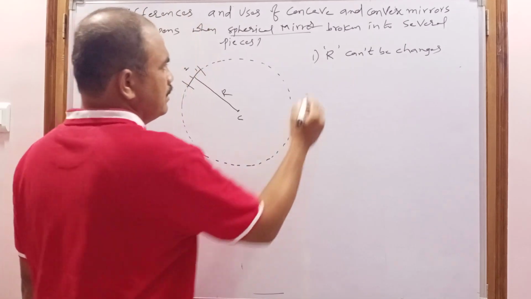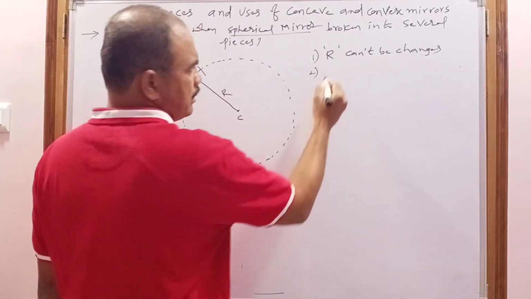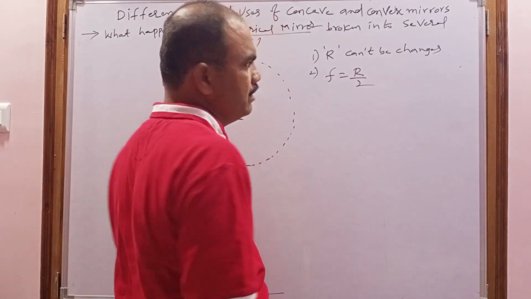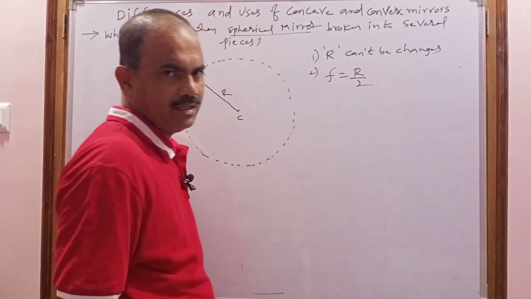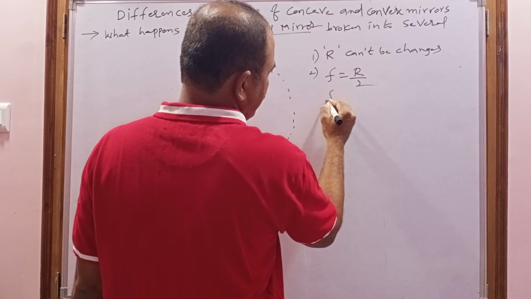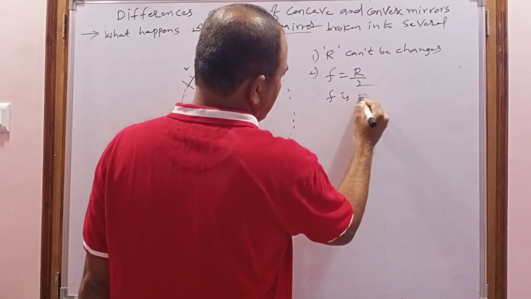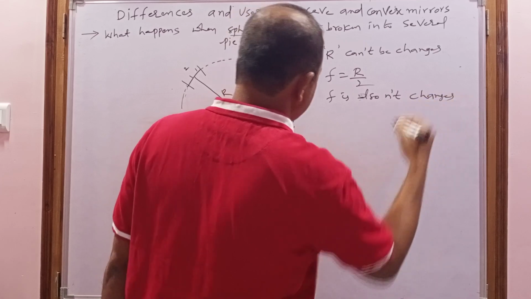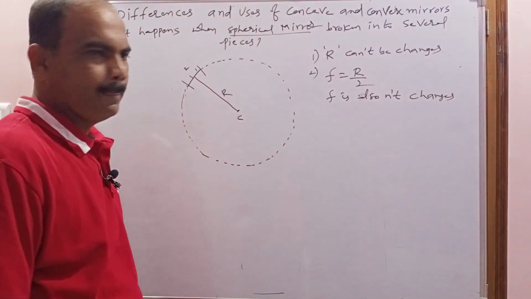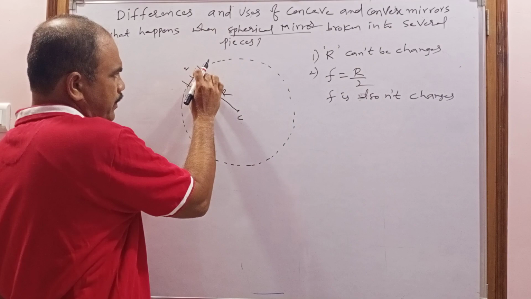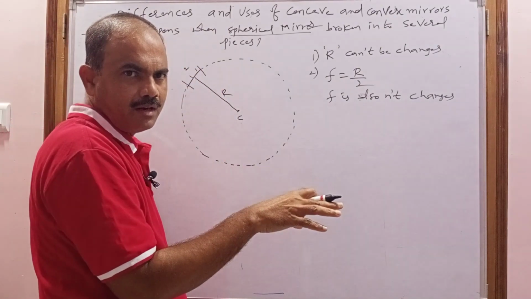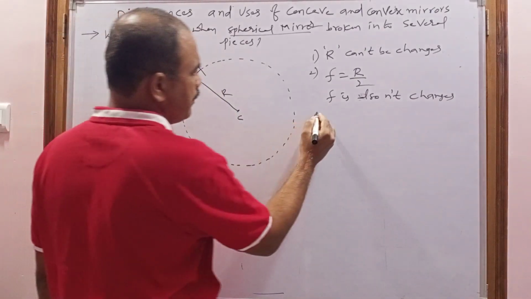And next, you already know that the focal length is half of the radius of curvature. Here the radius of curvature does not change, that's why the focal length f also does not change. And when you take this piece, can it form the complete image of the object or not? Yes, it can form a complete image.